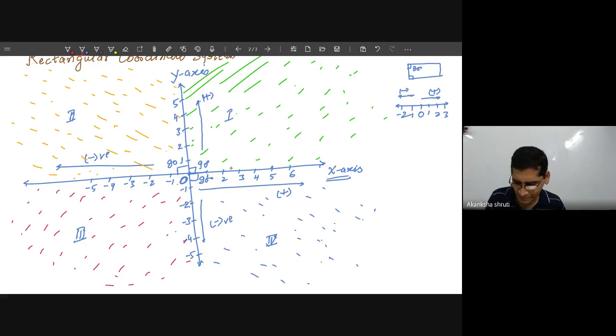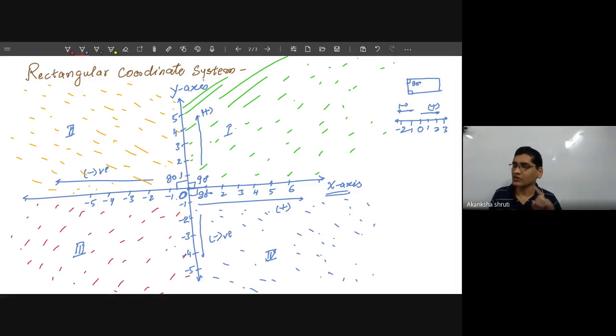So these planar rectangular parts that we are getting, these four parts, are called quadrants. Therefore this is called our first quadrant. Mind it, it is the first quadrant.